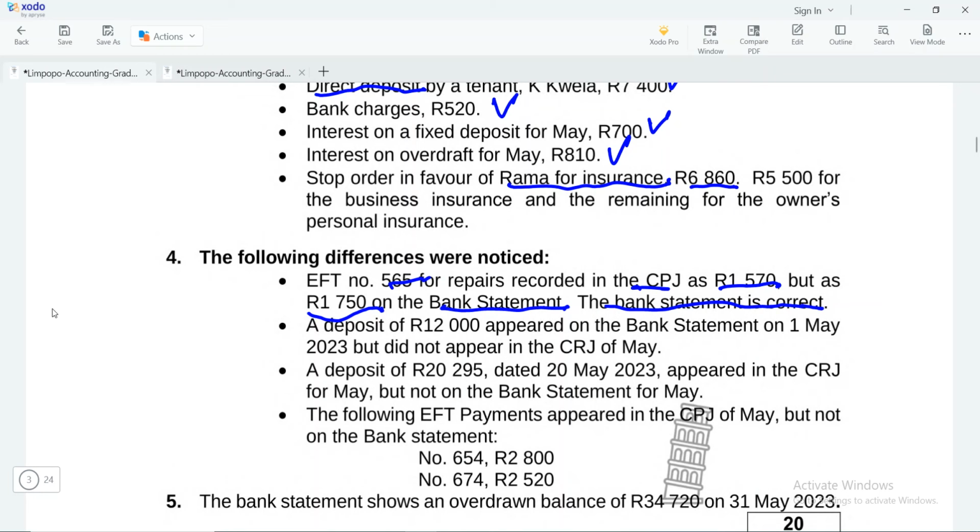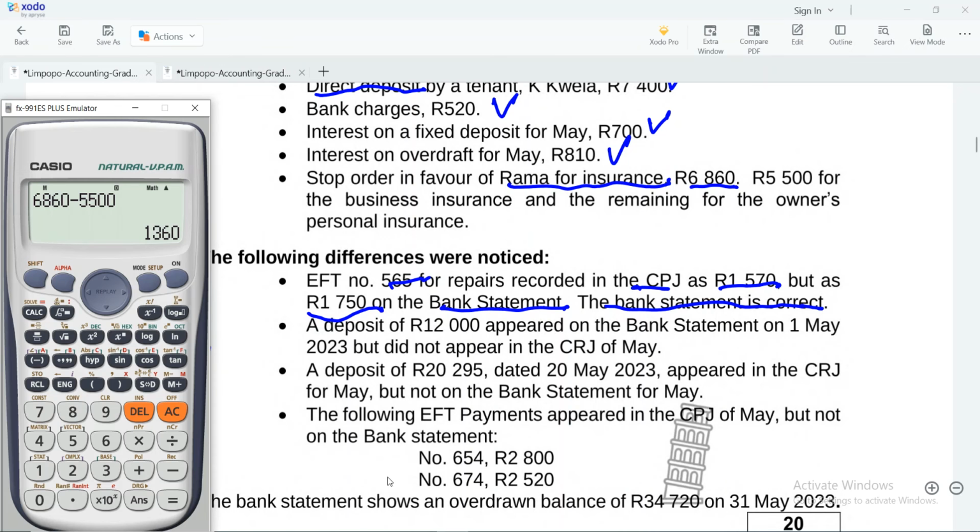So remember, in the CPJ we have written it as 1570, but in the bank statement it has been written as 1750, and then they are saying that the bank statement is the one that is correct, so meaning that this one, it's wrong. So we need to make some adjustments for them to be equal.